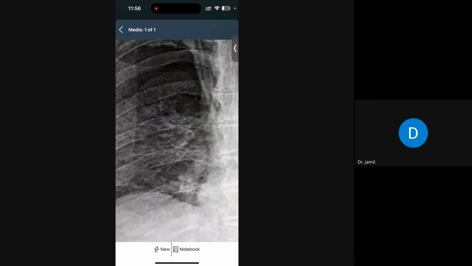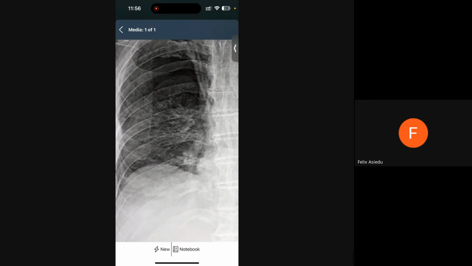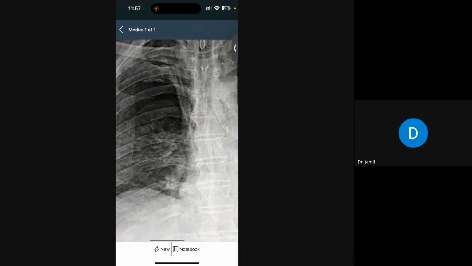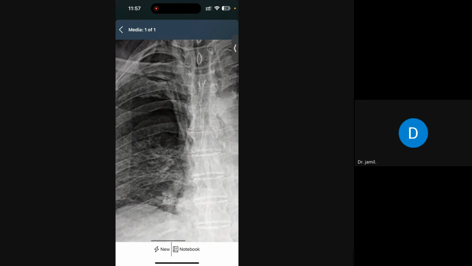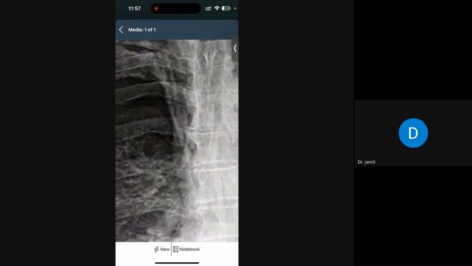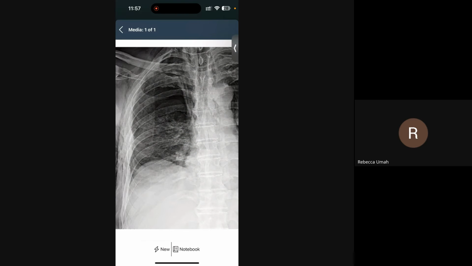This is the one just right to the scapular line. There is a fracture of the 6th and 7th ribs, towards the sternum.